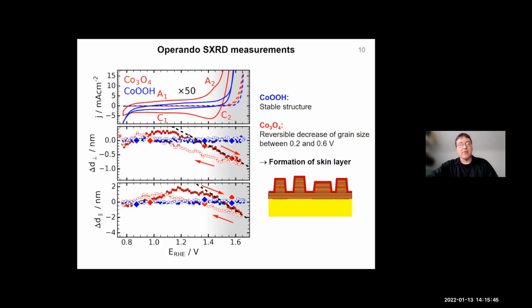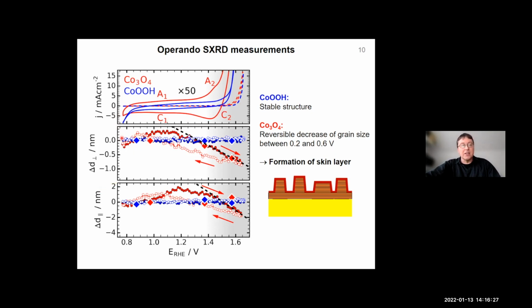When we do these types of studies for the cobalt oxyhydroxide, we see no change. This is how we do the studies: we sweep the potential first up and then down. This is the electrochemical current that flows, with a typical cyclic voltammogram, and this is the structural data we obtain basically simultaneously to the electrochemical data.